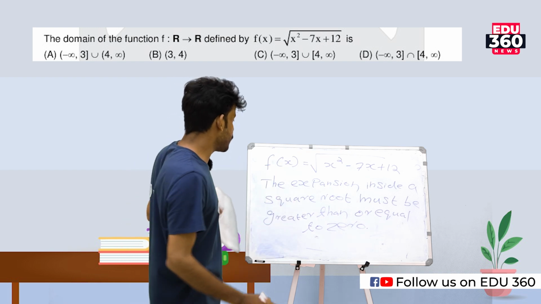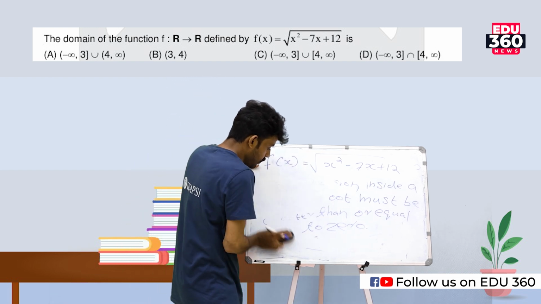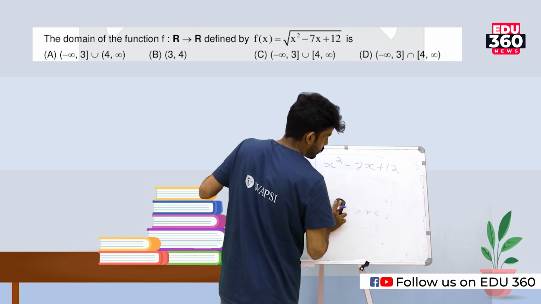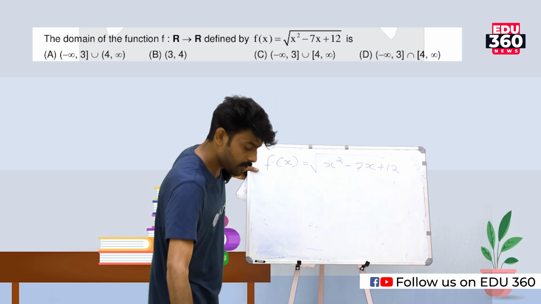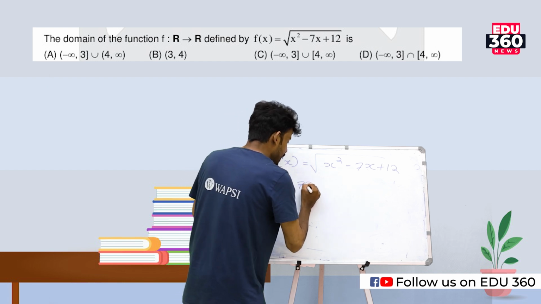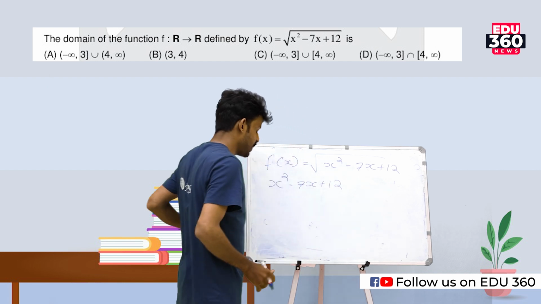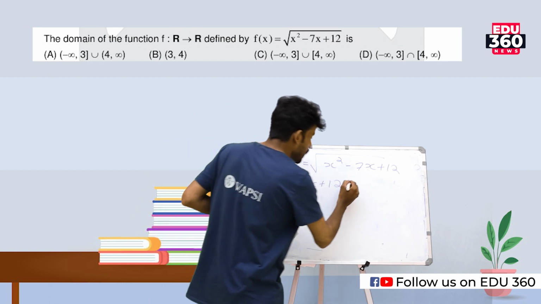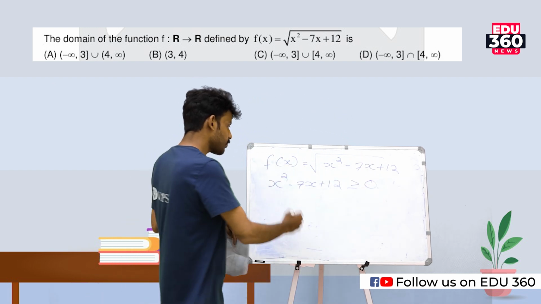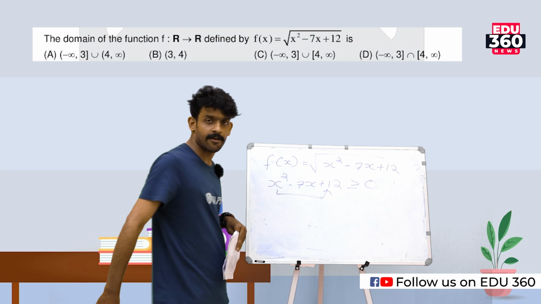Okay, so we can write this: x square minus 7x plus 12 is greater than or equal to 0. So from here, we can factorize this.